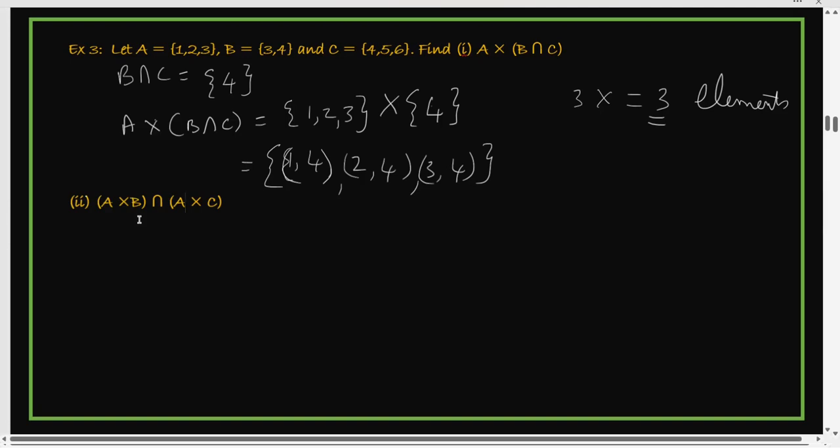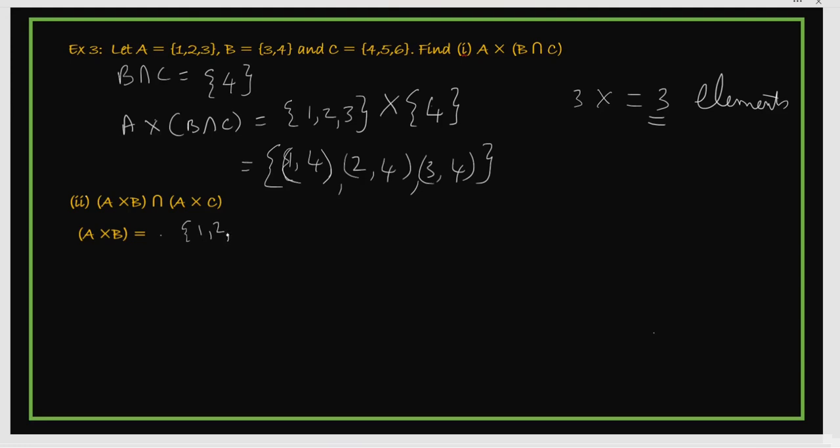We will see another example. (A cross B) intersection (A cross C). Find out A cross B first. A cross B means {1, 2, 3} cross {3, 4}.